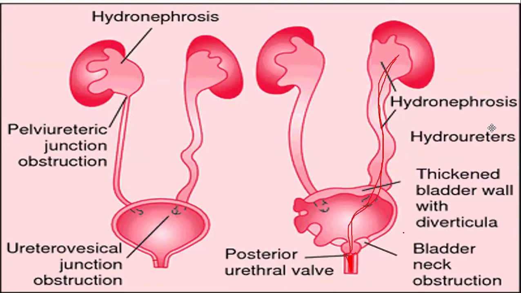So they have recurrent UTI, and then we do a voiding cystourethrogram. Voiding cystourethrogram is a very popular test that you request for patients you are suspecting of vesico-ureteral reflux.